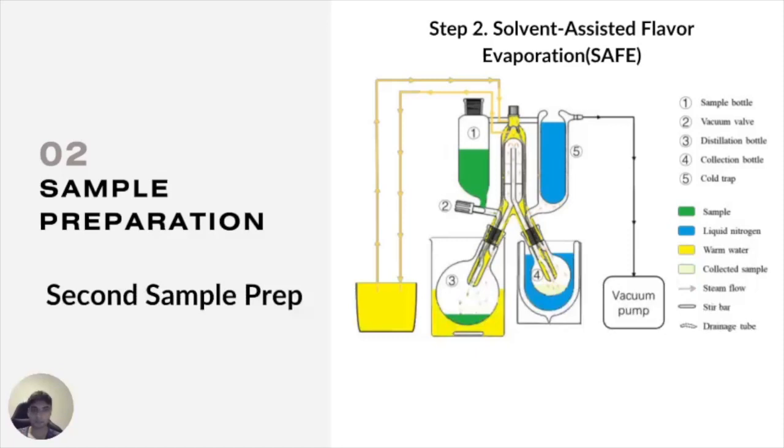Here the diagram is numbered clearly. The sample prepared previously is put into the number one sample bottle here. And then the valve at number two is carefully operated, or it may be automatic, to ensure that the valve is closed under the time limit to avoid any non-volatiles escaping into the distillation bottle at number three.